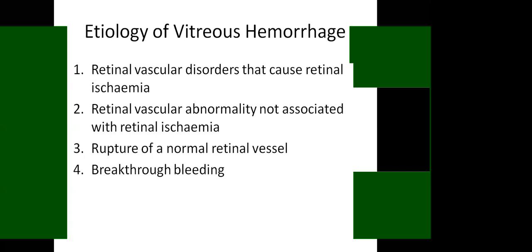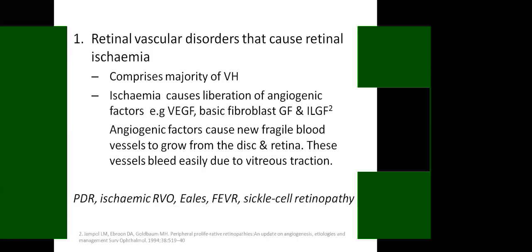The other mechanism is if there's a retinal vascular abnormality that is not associated with retinal ischemia. Number 3 will be the rupture of a normal retinal vessel caused by trauma or any other cause. And the fourth one is breakthrough bleeding. We all know that most of the cases we see of vitreous hemorrhage will fall under number 1.